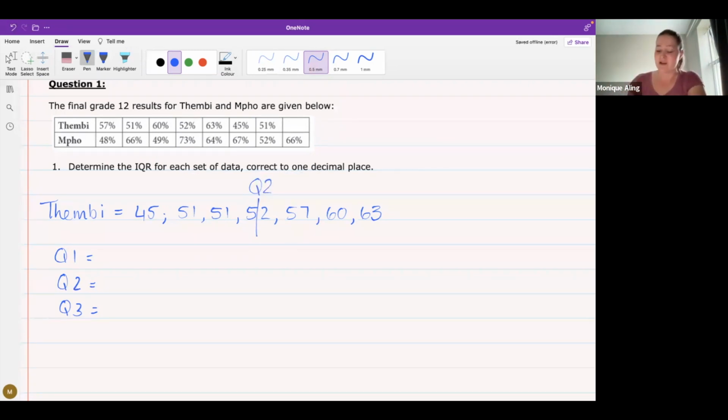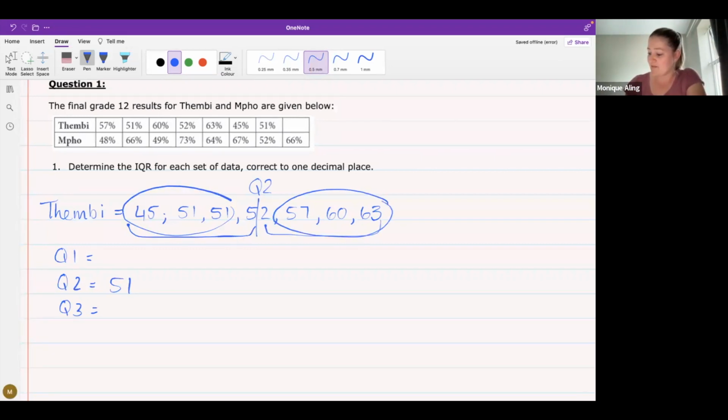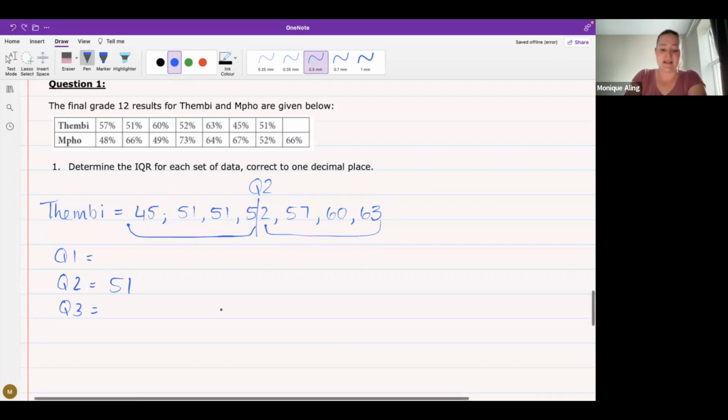It's a bit weird because we always start off by finding quartile 2 first. So now that has split our data into 2 halves. We've got 3 numbers on this side, 3 numbers on the other side. Monique, you need to change your quartile 2 to 52. Okay, we now divide the first half into half again.